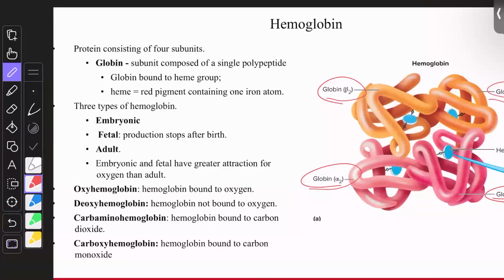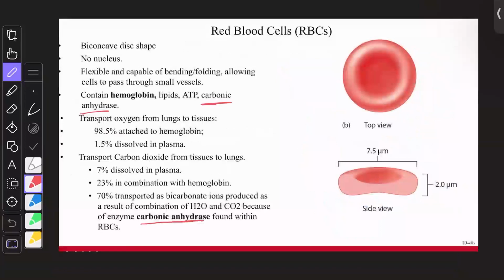Not the mother's hemoglobin. It comes from the diffusion of oxygen across the placenta. Okay, so how much oxygen is happening there? A lot? No, right? How much oxygen is dissolved in the blood, in the plasma? 1.5%, right?